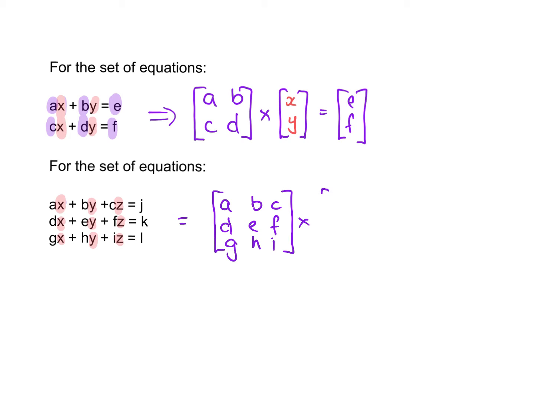We'll times it by our 3 unknowns, which will be in order, so X, Y, Z. You've got to remember these have to be all the X's, that has to be all the Y's, and that has to be all the Z's, and then it goes in that order, and then equals, we'll say that's J, K, and L, okay? So there's setting up if you have 3. If you have 4, it'll be a 4 by 4 with all the 4 and all that, okay?